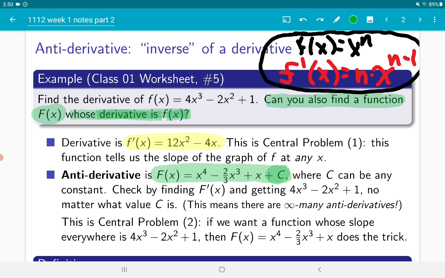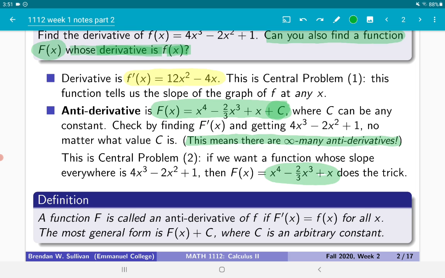So no matter what that number c is, the derivative of the whole function will end up being exactly this. x to the 4th goes to that one, 2/3 x cubed goes to that one, x goes to that one, and c will go to 0. So it's like having a plus 0 at the end. So in fact, this means that the solution to central problem 2 here has infinitely many answers, but they're all kind of the same. They're all this function of terms plus or minus some constant number at the end.